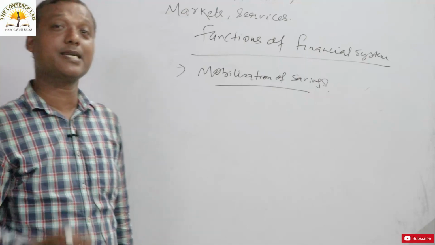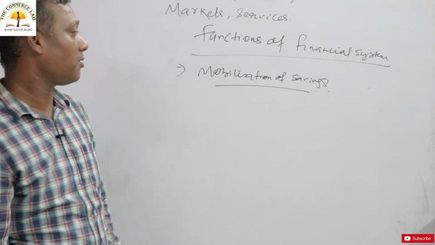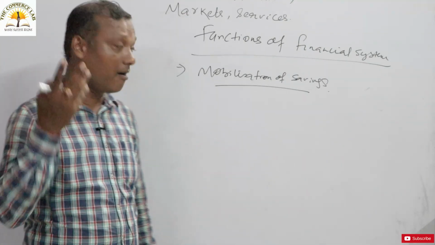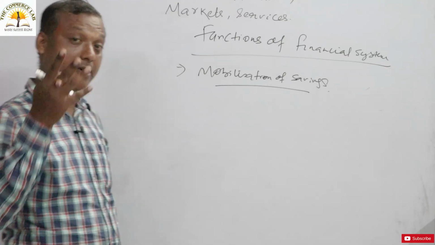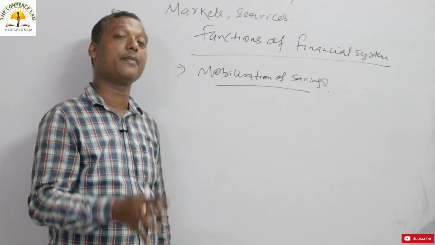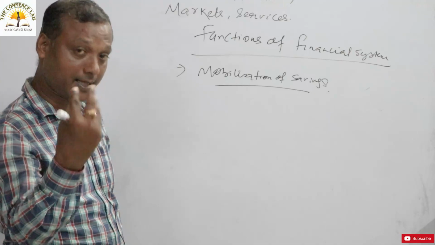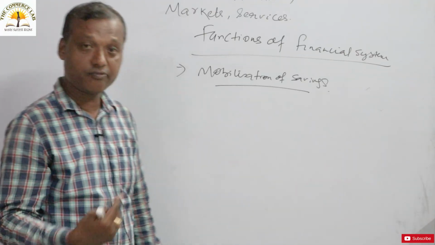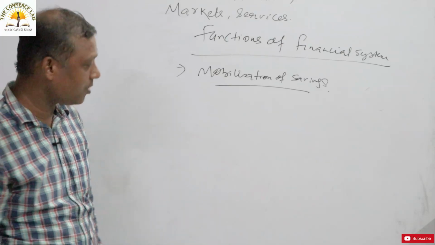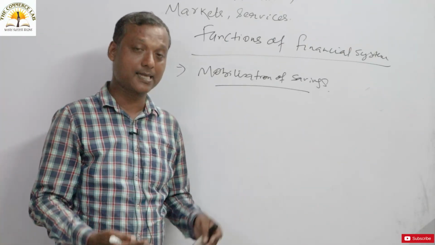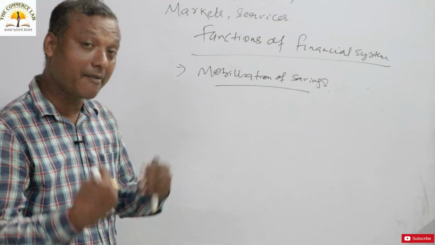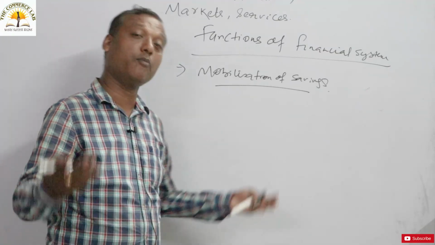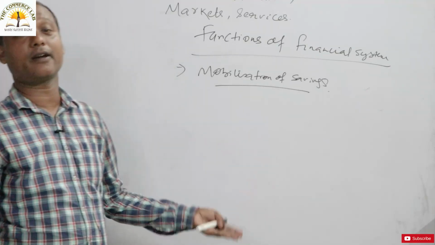How to collect the savings, how to get the savings. There are different companies, different organizations, different institutions working all over India. How to gather savings, how to gather deposits from households, from corporates, from different organizations. So mobilization of savings implies collecting savings from households, from the corporate sector, and from different organizations.